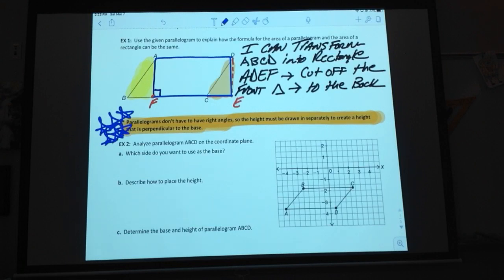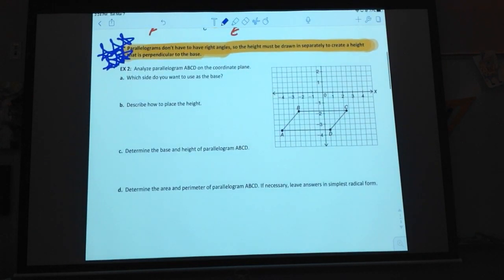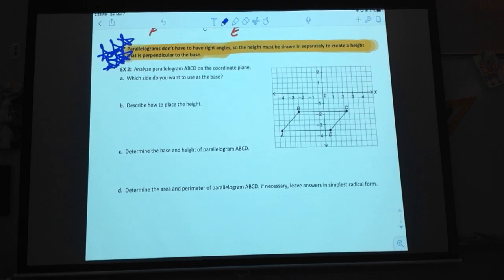Okay? So, let's see it. Okay? So here we go. Analyze parallelogram ABCD on the coordinate plane. Which side do you want to use as the base? Well, when I look at this, I really notice that BC and AD are horizontal lines.